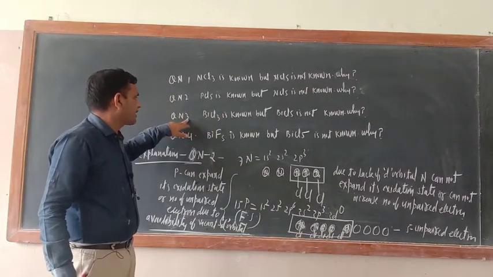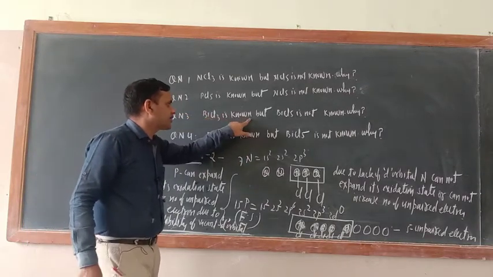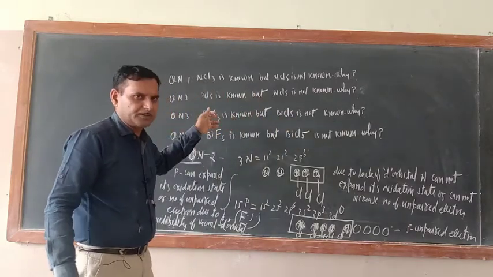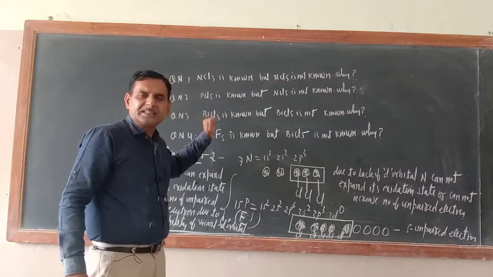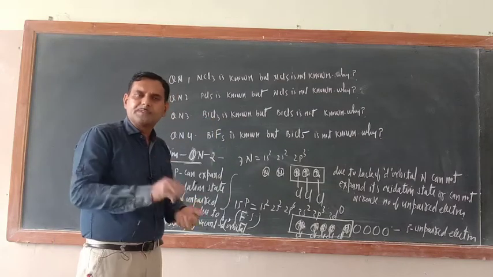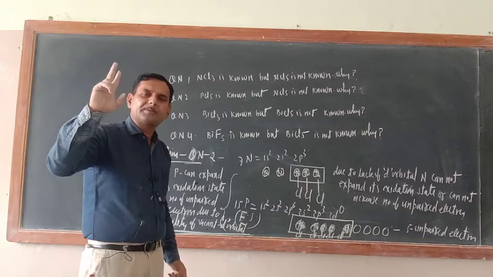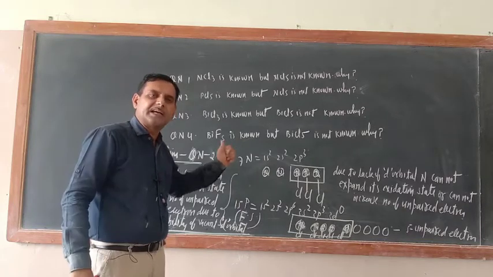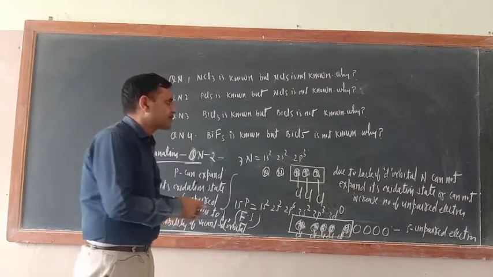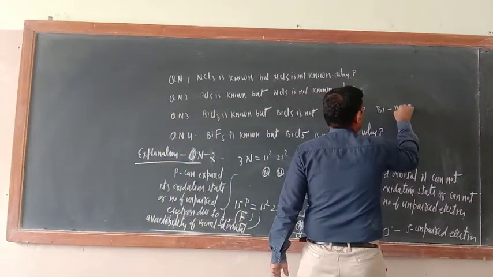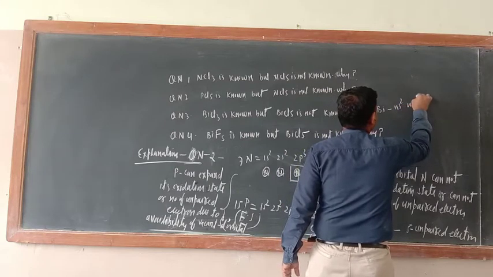The third question is: BiCl3 is known, but BiCl5 is not known. Their answer I have already given you. Why is BiCl3 formed? Just see. Bismuth is the last member of the 15th group, and the inert pair effect is highly manifested in that element. So the general electronic configuration of bismuth is ns2 np3.